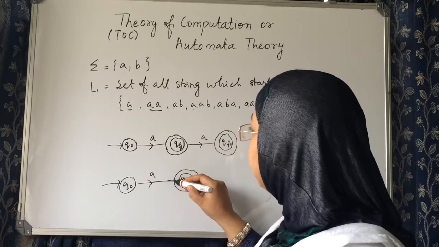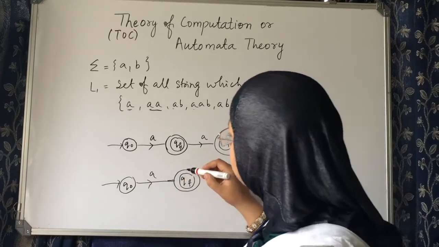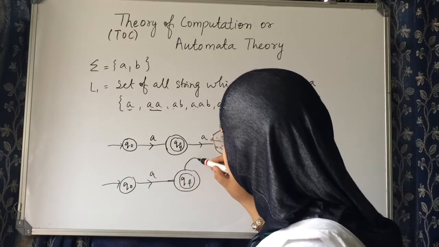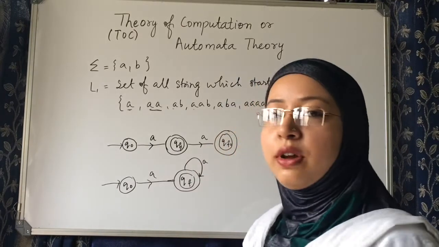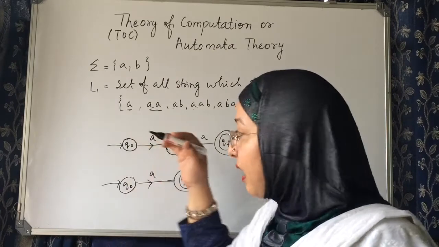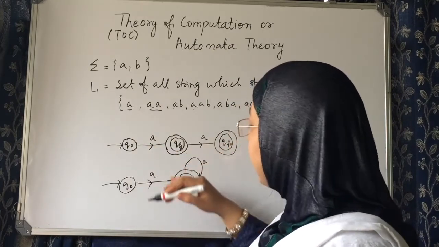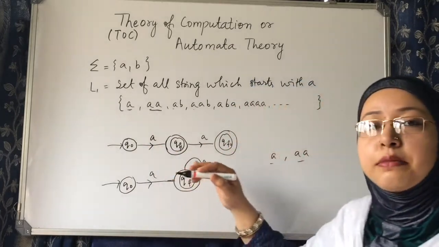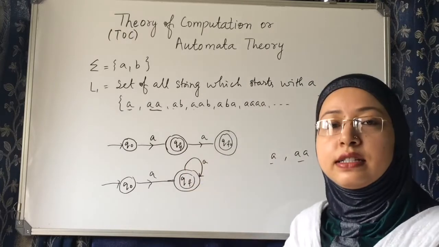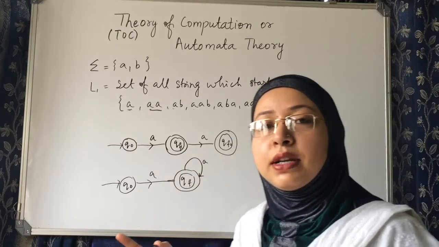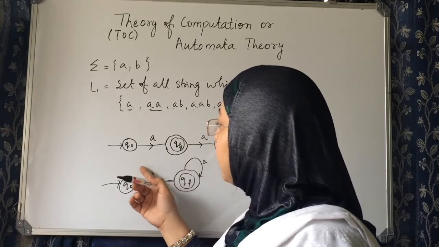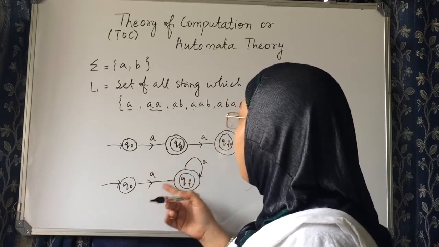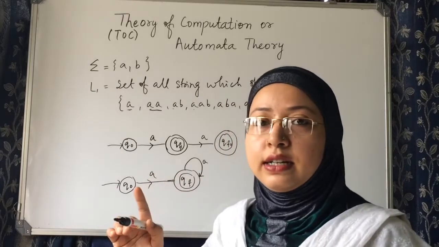And after that I can do it like this, that on seeing A, it again goes to QF, and even if we see many A's, it will remain in the final state. What I mean to say is that any string which starts with A can go to the final state.